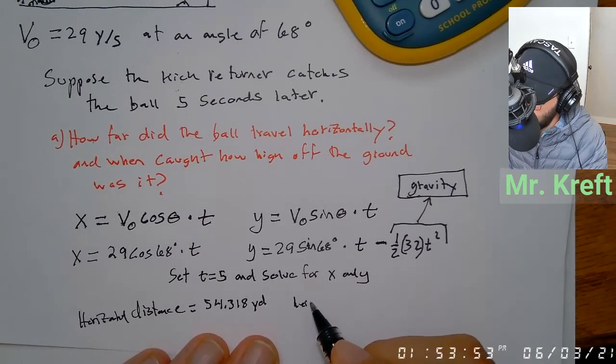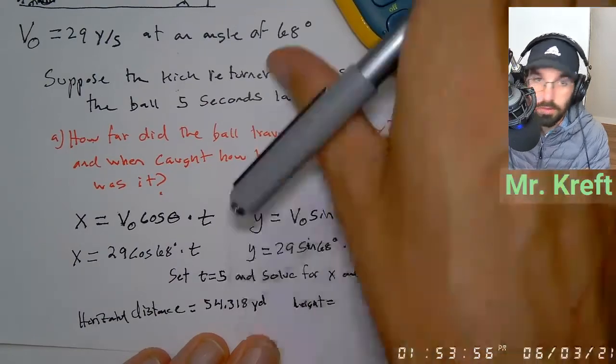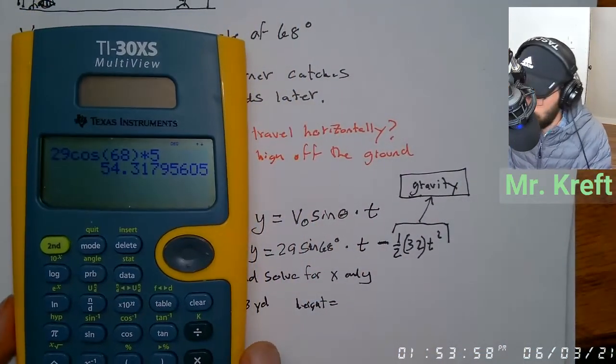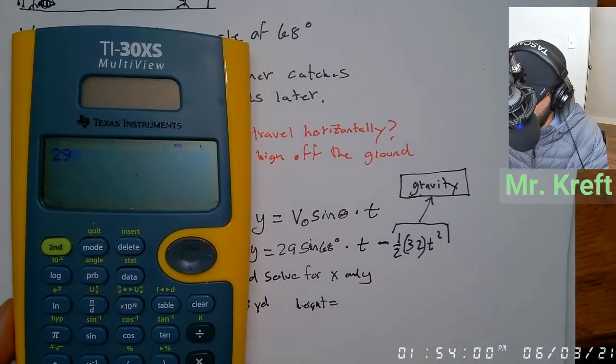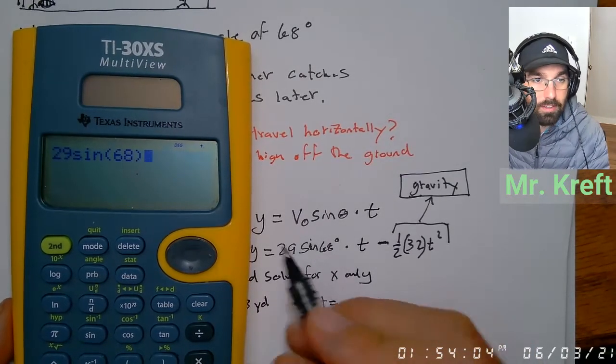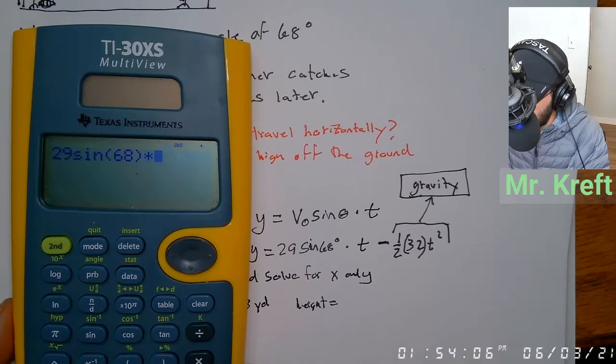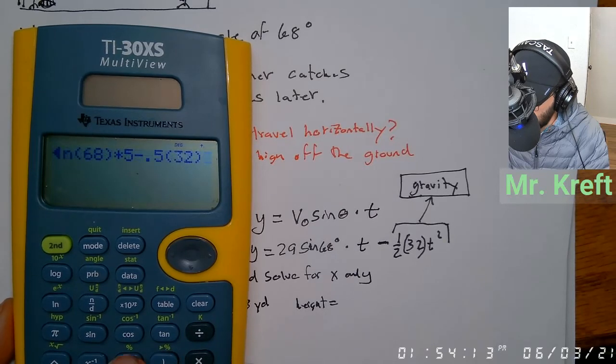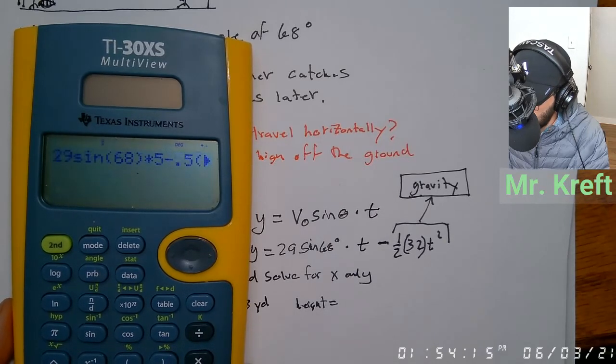And the height, so let's do this. I'm going to do 29 sine 68. So this is my initial, times 5 minus 0.5 times 32 and then times 5 squared.